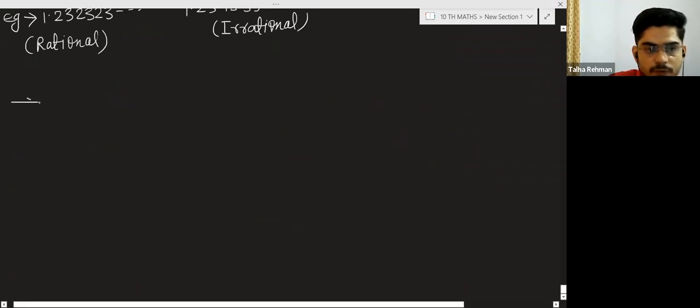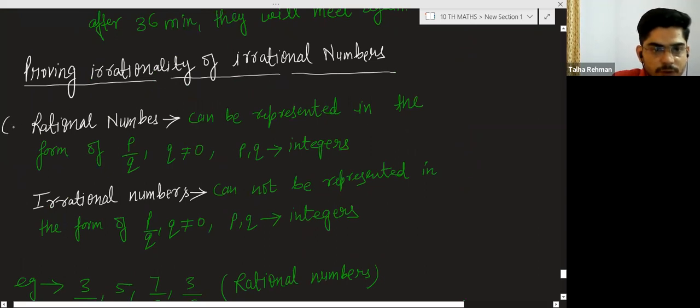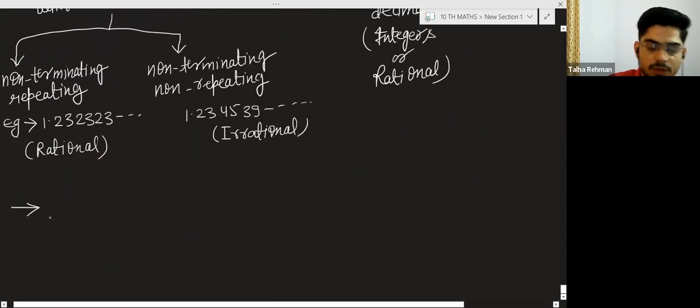So if I am representing rational with R and irrational with I, if I am adding rational with irrational, then the result will be irrational. For example, 2 is rational and root 3 is irrational, and you will get an irrational number.